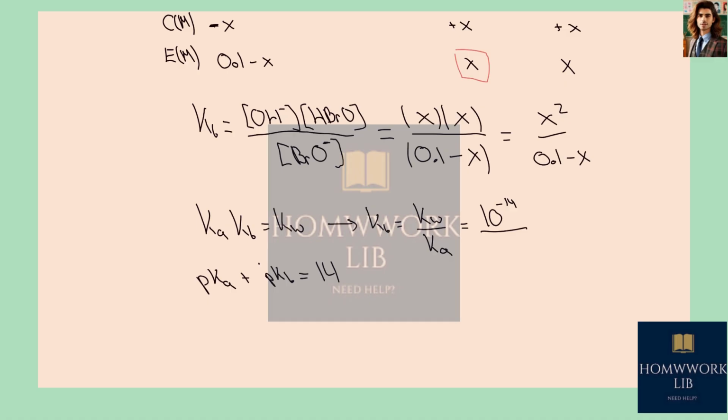So for this problem, the value for Ka is equal to, it doesn't show up, unfortunately, in the question, but let me look it up. So the value that I found is 2.5 times 10 to the minus 9 for hypobromous acid.